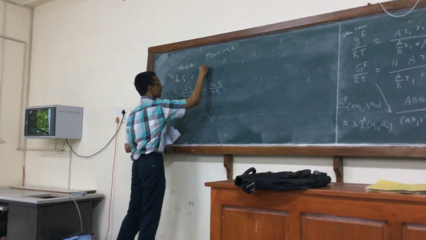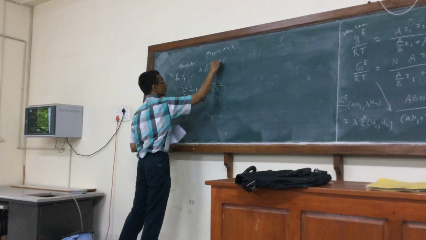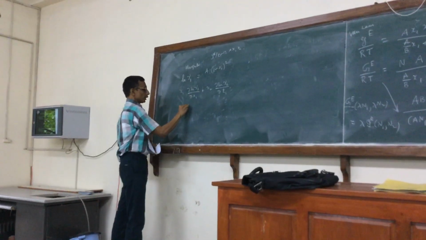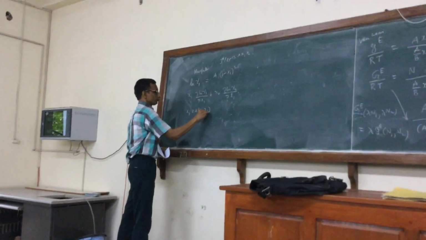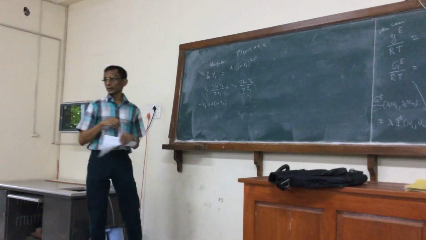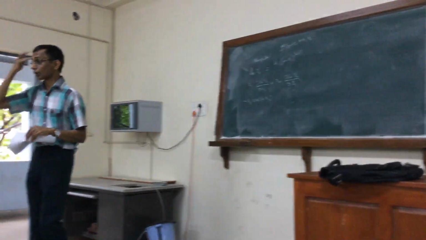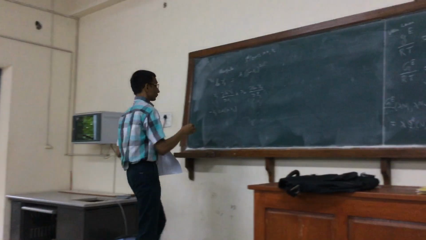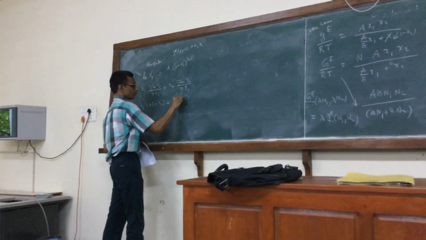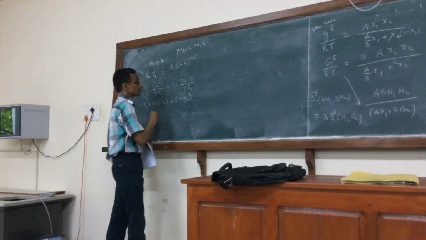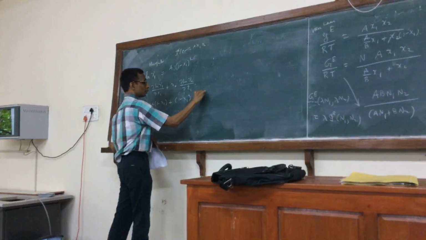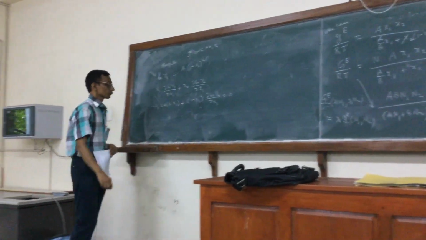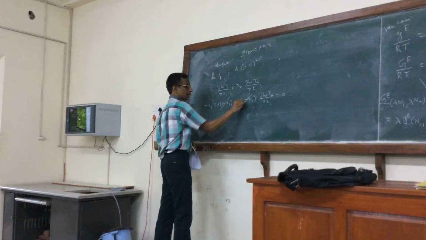So I will just write this as, here it is easy to do. So I get x1 times 2a times 1 minus x1 minus, let's say, derivative of log gamma 1 with respect to x1. Then plus x2, which is 1 minus x1, and I don't know what log gamma 2 is, equal to 0. Conveniently, 1 minus x1 will cancel.